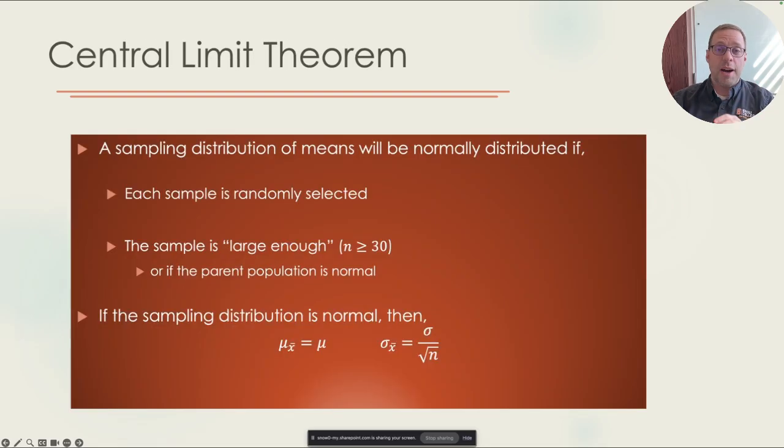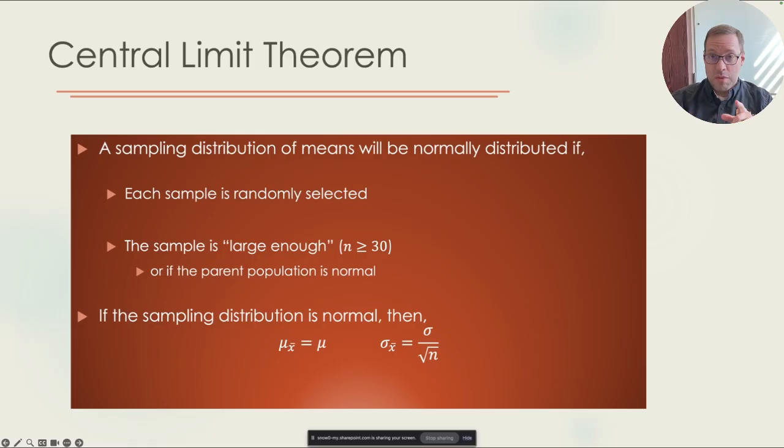But here are a couple of conditions that we need to take from the central limit theorem, okay? A sampling distribution of means will be normally distributed if, first condition for the central limit theorem, ready? Each sample is randomly selected. This is absolutely essential for the central limit theorem to be satisfied, okay? Each sample has to be randomly selected. This is needed for things to become normally distributed.